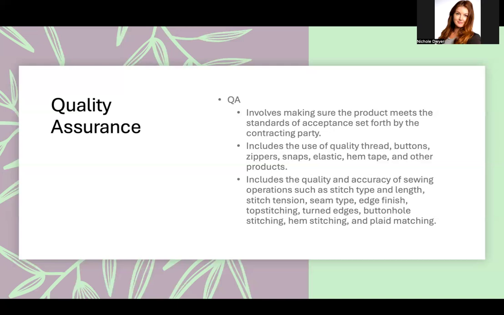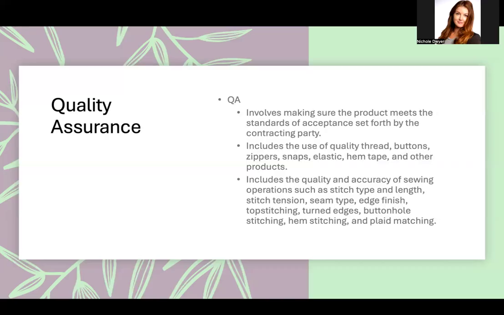Are there turned edges? Is there a buttonhole? And is the buttonhole accurately stitched appropriately for the proportion of the button in relation to where the placket on the shirt is? This can also extend into hems and even plaids when you're working with multiple plaids and matching plaids.